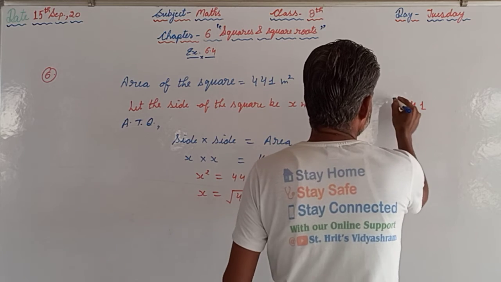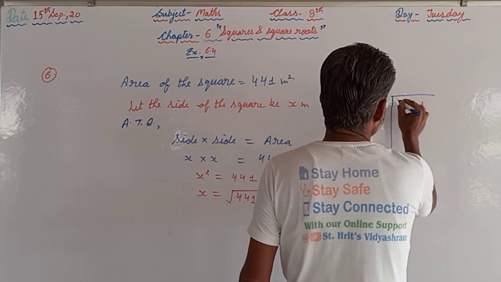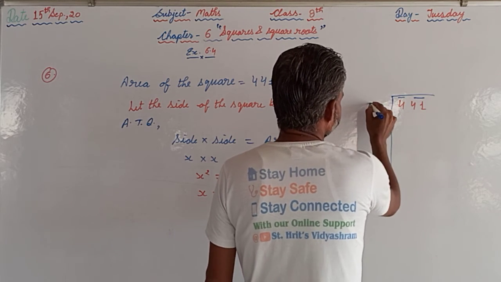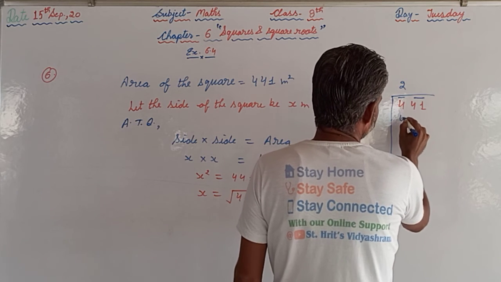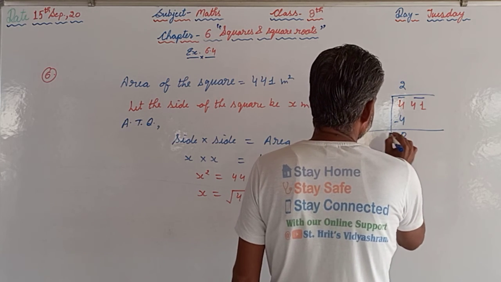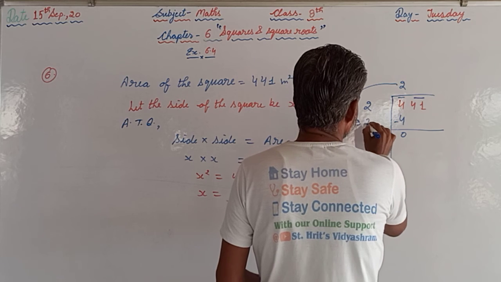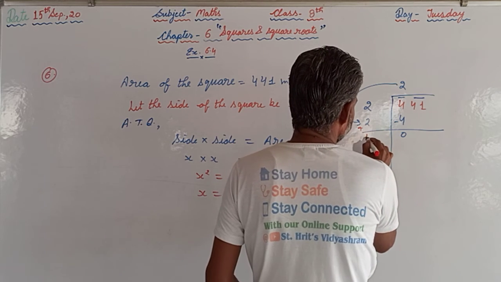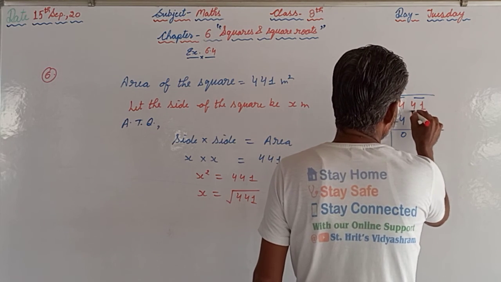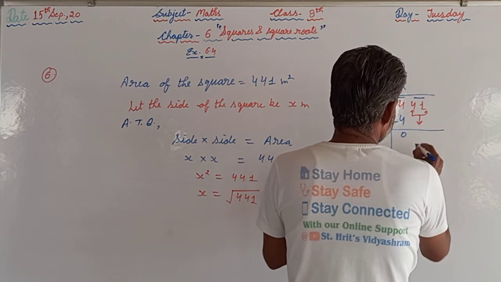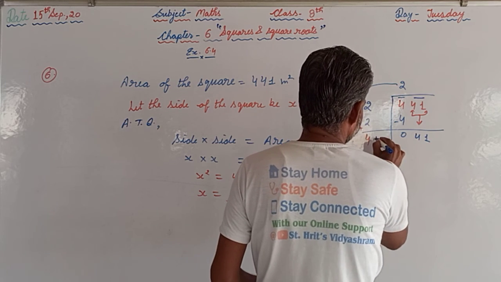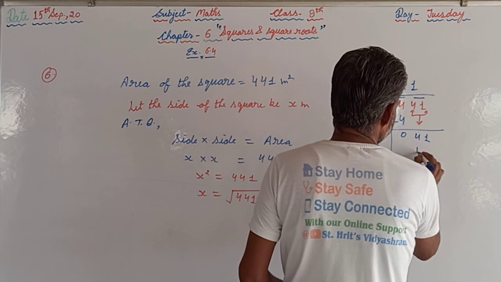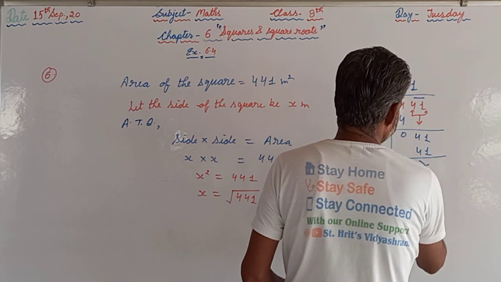So first of all we will start pairing, and then 2 twos are 4, here comes 0 and 2 will come this side, and 2 plus 2 becomes 4, and we are supposed to borrow the next pair, that is 41, and 1 times 41 is 41.